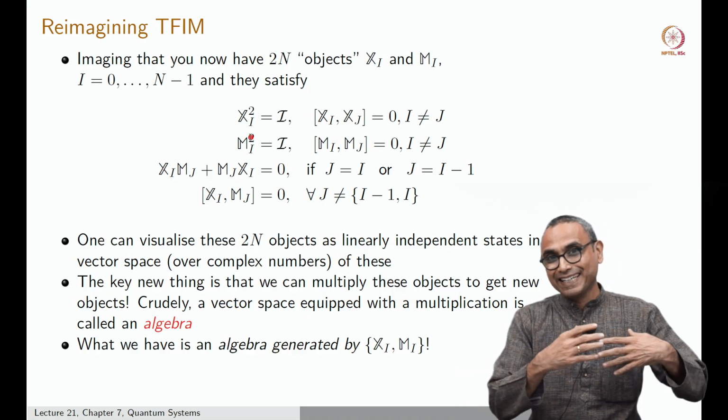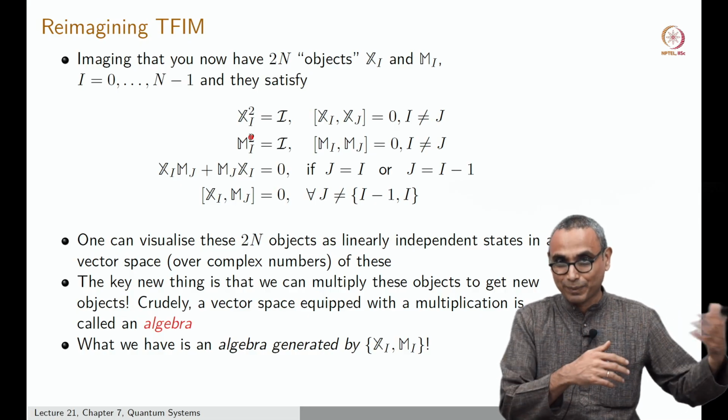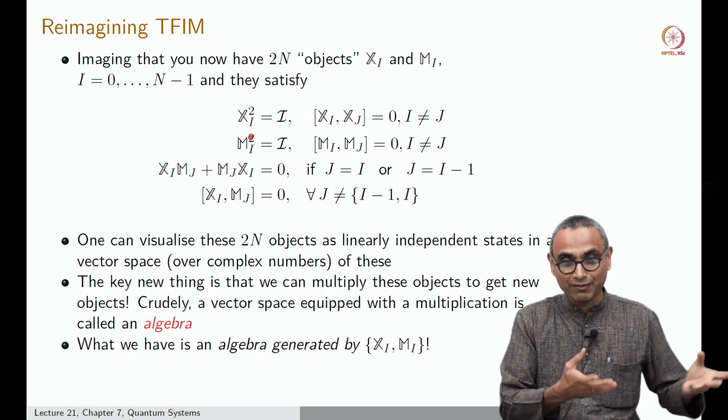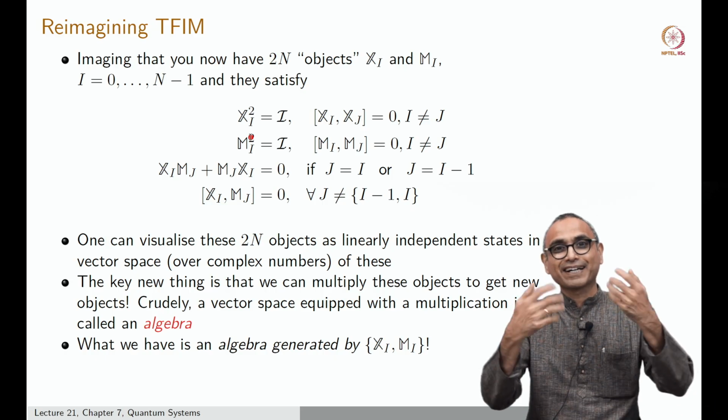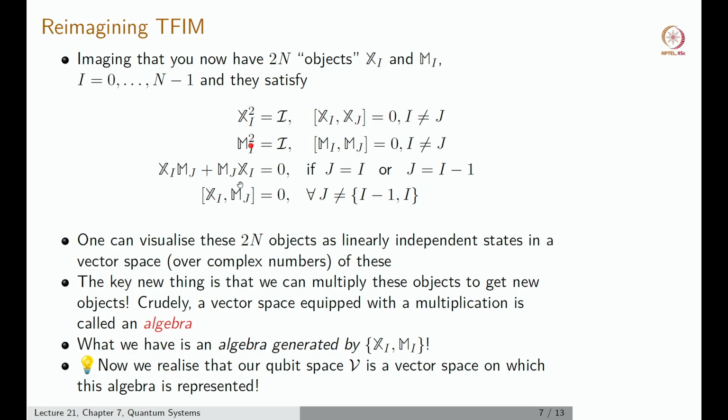So we looked at the algebraic relations satisfied by our Pauli matrices that generated the operators of our transverse field Ising model. We abstracted them out, and now we are reinterpreting the Hilbert space as a representation space of this algebra. Okay. So this is where we are.